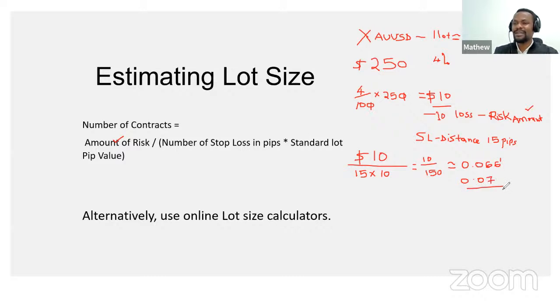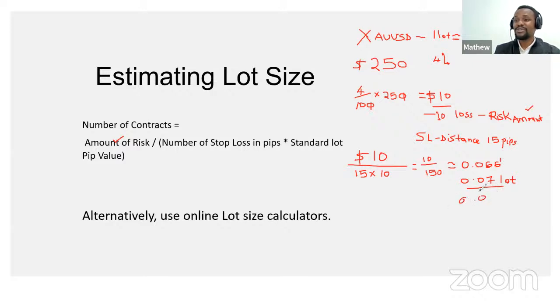That's not bad. So this 0.07 lots is what we will use for a maximum loss of $10 in a 15 pips move in gold, approximately, or maybe roughly 0.05.